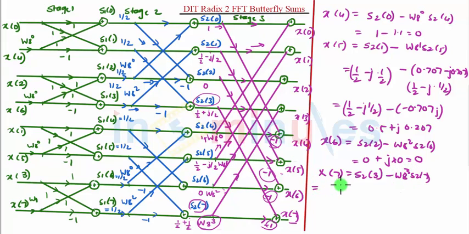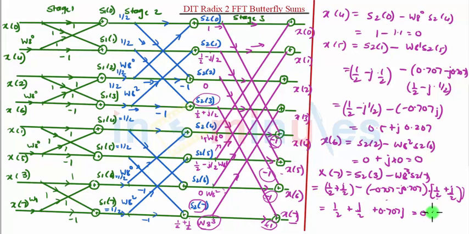Now s2 of 3 is half plus j by 2 minus 0.707 minus j into 0.707 into half plus j by 2. After multiplying these two terms, we get the answer as half plus j by 2 plus 0.707j, that is 0.5 plus j 1.21.